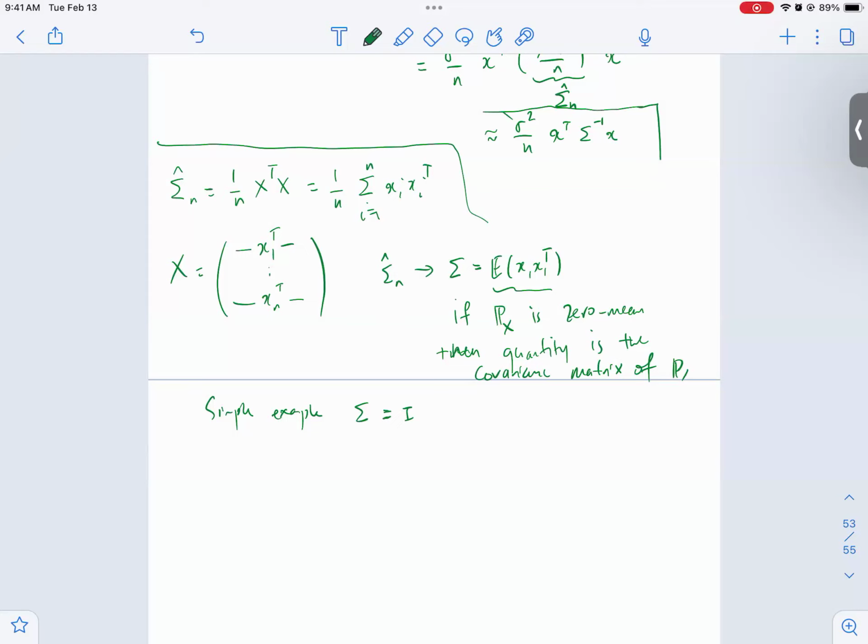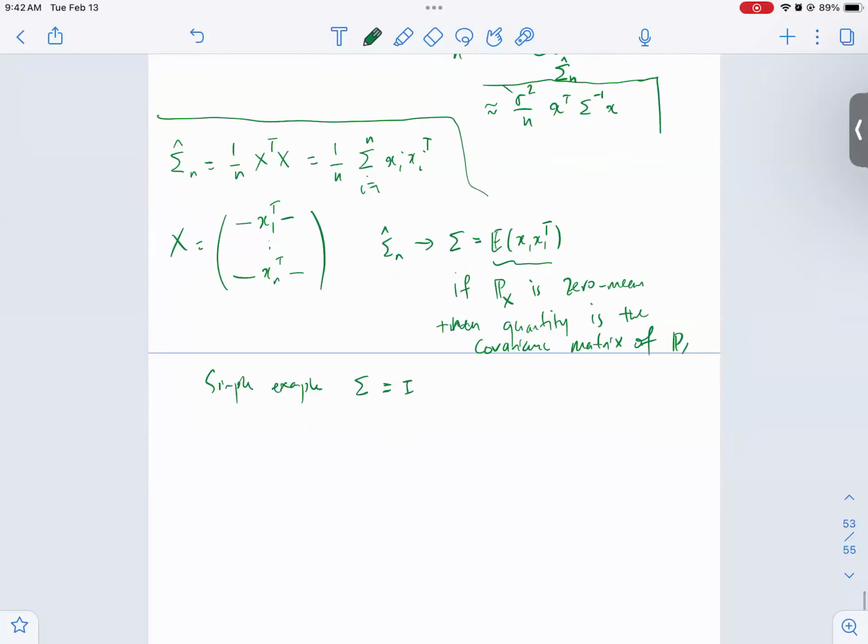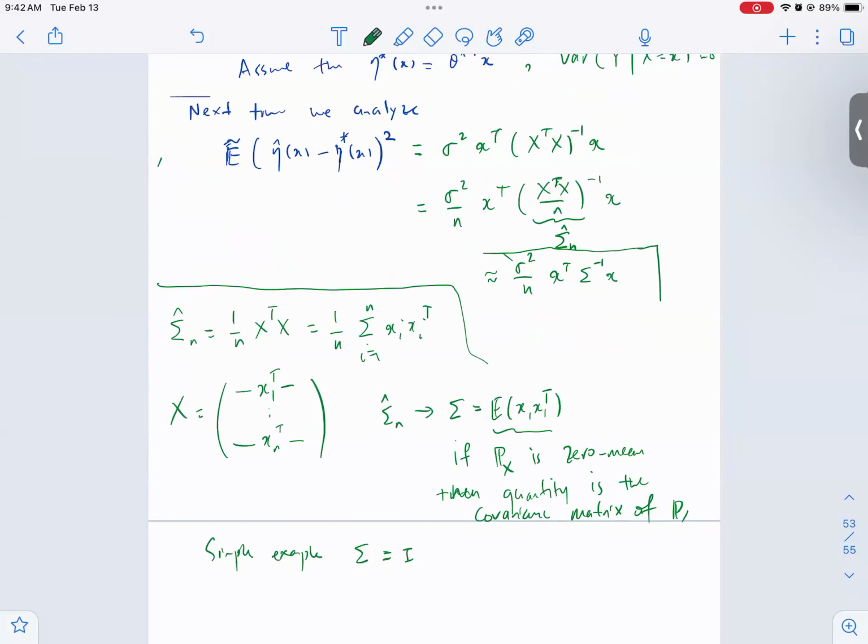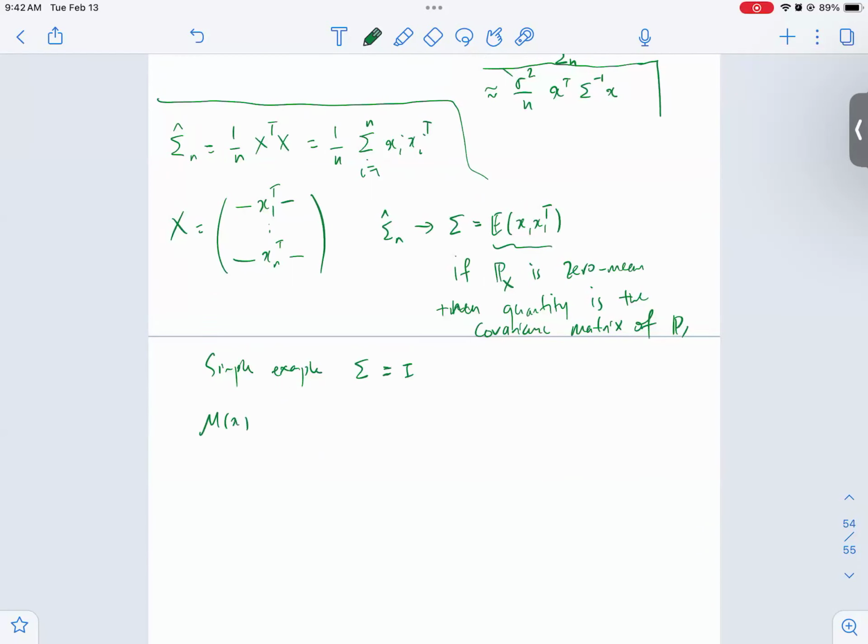Sigma is the covariance of the coordinates, so if that's identity, each coordinate is independent of the other ones and they all have the same variance, which is 1. This quantity, which I'm going to call m of x in the notes, is like a mean squared error of sorts that we calculate.